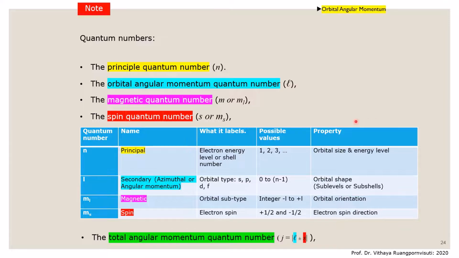The first column is the quantum number symbol. The second column is the name. For the name of the angular momentum quantum number, we may call it secondary or azimuthal or angular momentum.